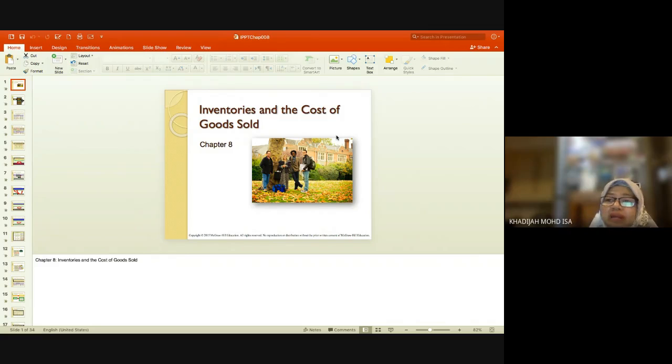For example, if you go to any superstore, they just use a barcode to record the inventories. Sometimes they just do random checking on the inventories, then they see, okay, this item, how much is left in hand, so maybe they should reorder.